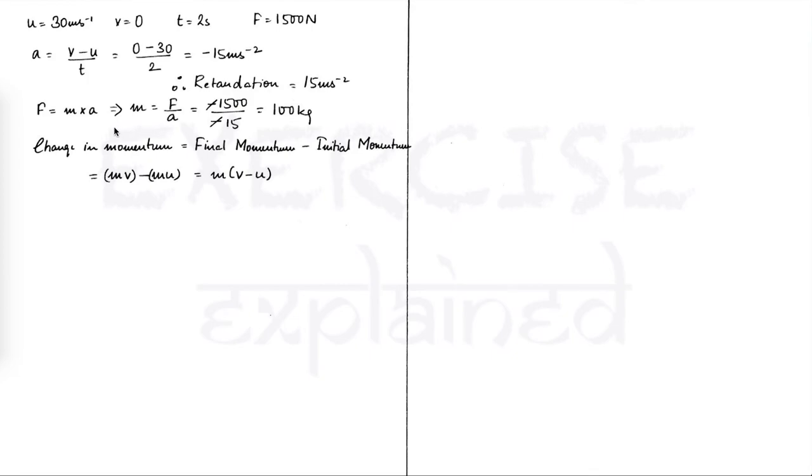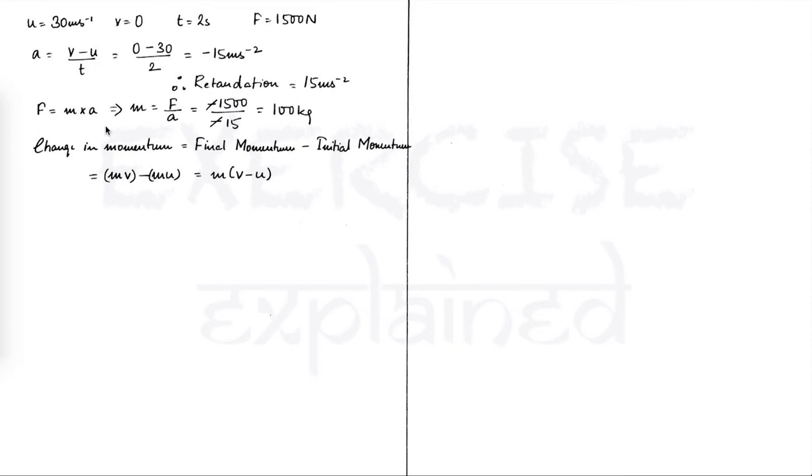Now getting into change in momentum, so that would be final momentum minus initial momentum. Whenever they ask change in the question, just remember that you need to subtract the two quantities. Suppose I had 100 rupees and now I have 60 rupees.